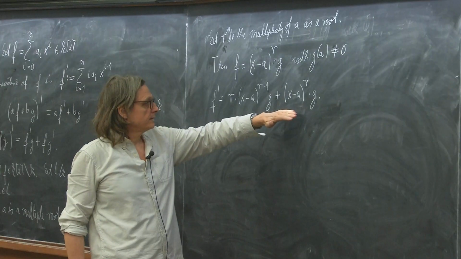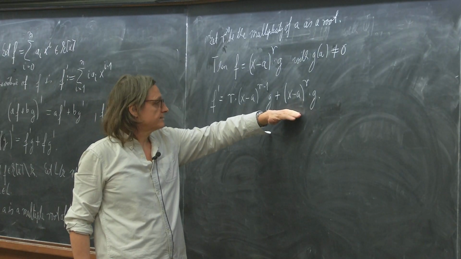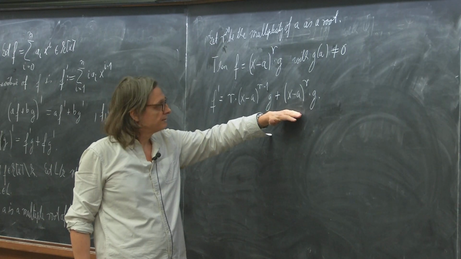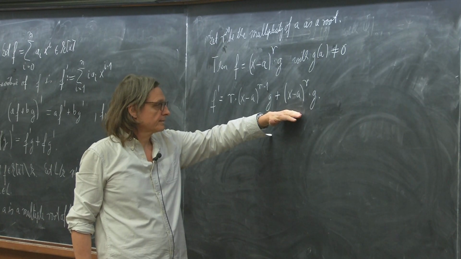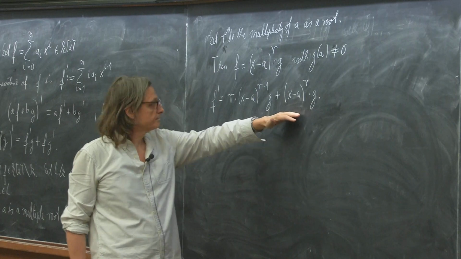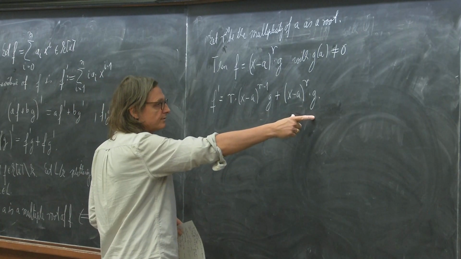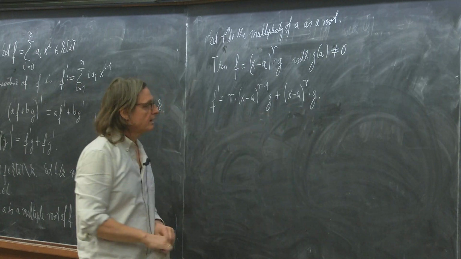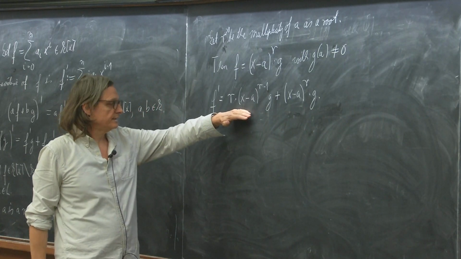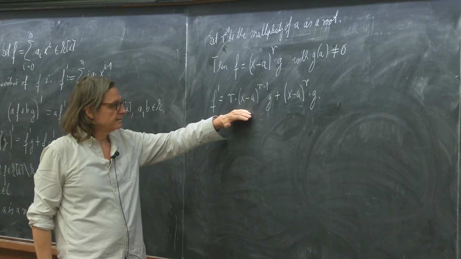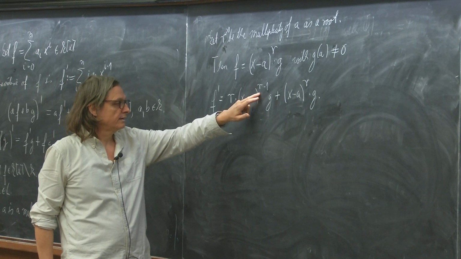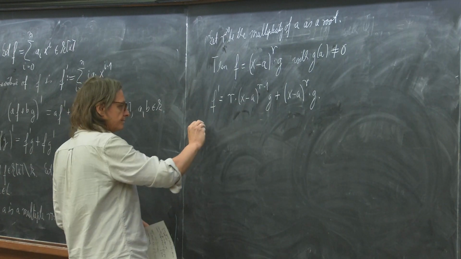So this term will always be 0 at a because it's divisible by x minus a, and this term will be 0 if and only if r is bigger than 1.